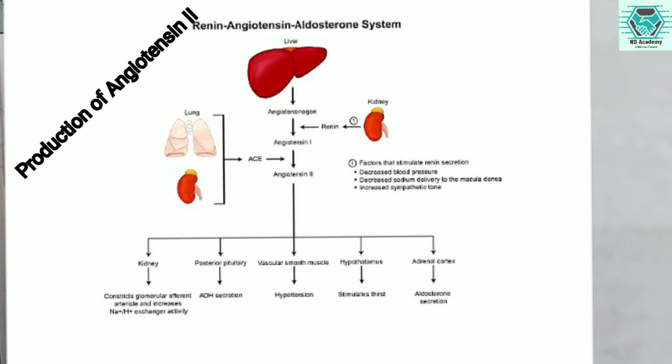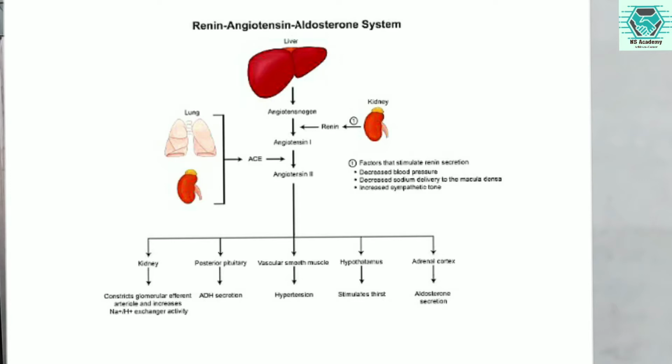Now after the renin production, we see the production of angiotensin 2. In the diagram below, you can see the production of angiotensin 2. Angiotensinogen is a precursor protein which is produced in the liver and cleaved by renin to form angiotensin 1.